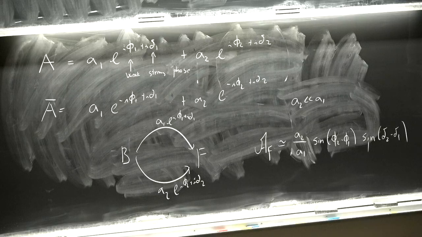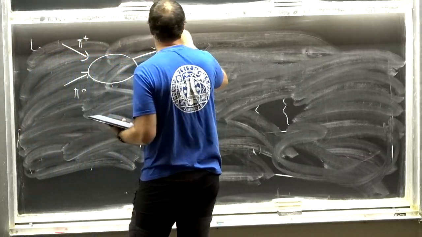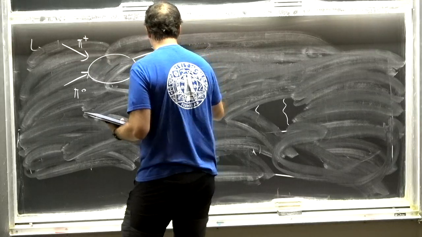The strong phase is, for instance, let's say I imagine that I take a pion, pi plus, and pi 0, and I scatter them. So I have an incoming pi plus and pi 0. I scatter back to pi plus, pi 0.